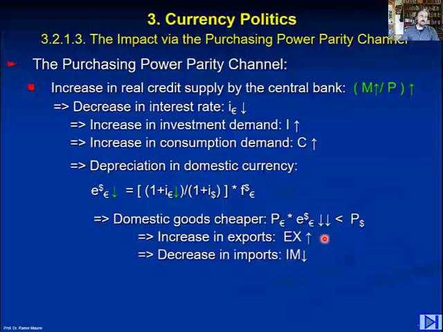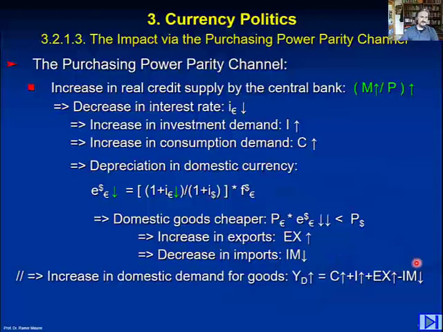Import demand, however, decreases, since for domestic consumers or investors, domestic goods are cheaper than foreign goods. So they have less incentive to buy goods in foreign countries, and as a result, imports decrease. The difference between exports and imports is what we call net exports, and this gets larger.